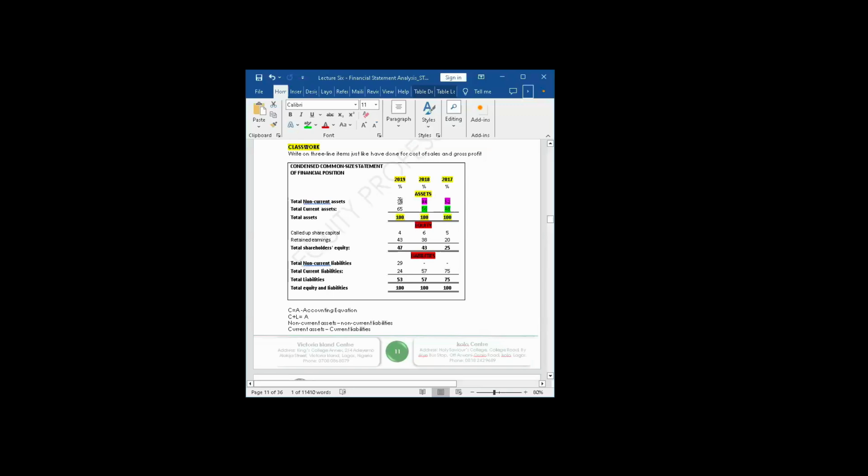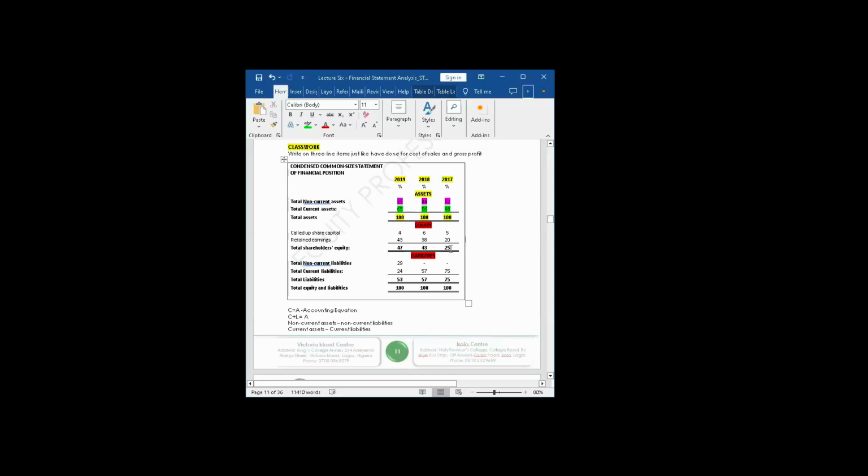Now, in 2019, the non-current assets decreased further to what? To 35%, and the current assets increased more to 65%. That is what has happened to the asset section of the account.